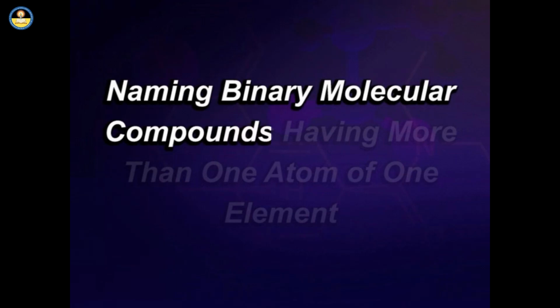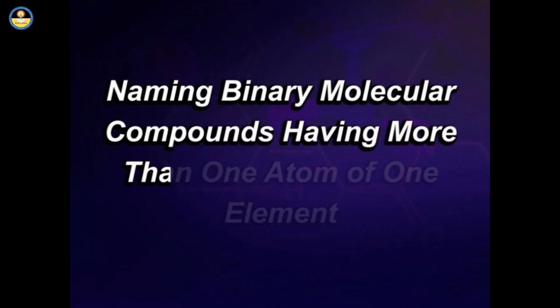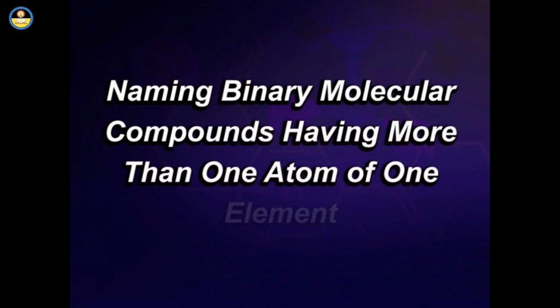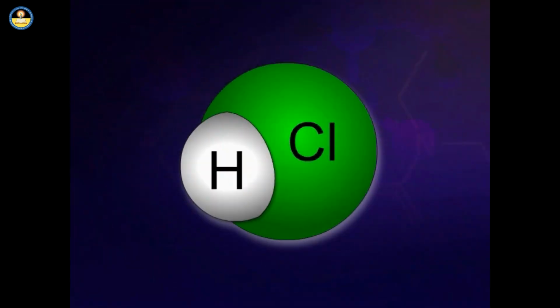Naming binary molecular compounds having more than one atom of one element. The name of the element whose symbol in the formulae of the compound appears on the left-hand side is written as such.